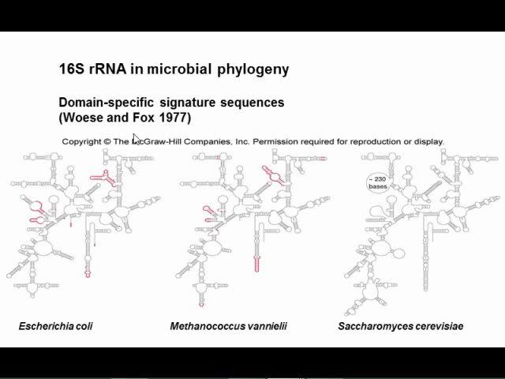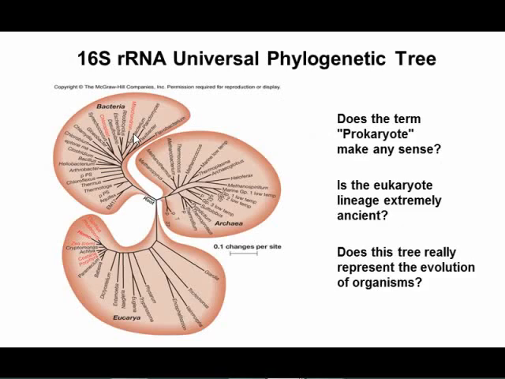And the difference between archaeal ribosomal RNA and eubacterial ribosomal RNA is really quite significant. So that became the basis of this three-domain phylogenetic tree for the whole of life on the planet. It's like this, okay? So eukaryotes are down here, bacteria there, archaea over here.